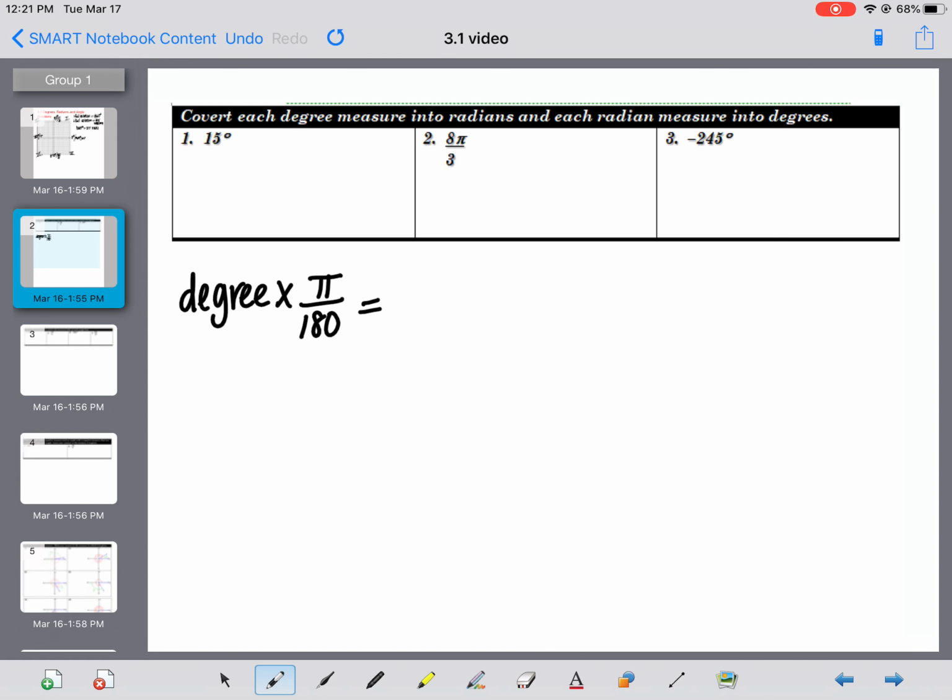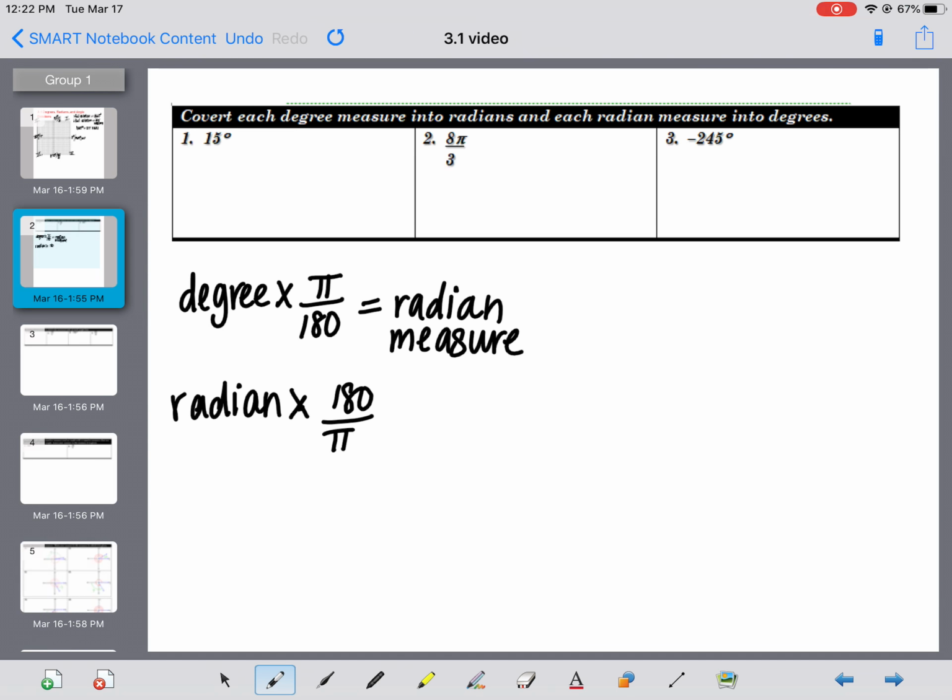Okay, and this will give us a radian measure. Okay, if we start with a radian, we can multiply the radians by 180 over pi, and that will equal a degree measure.